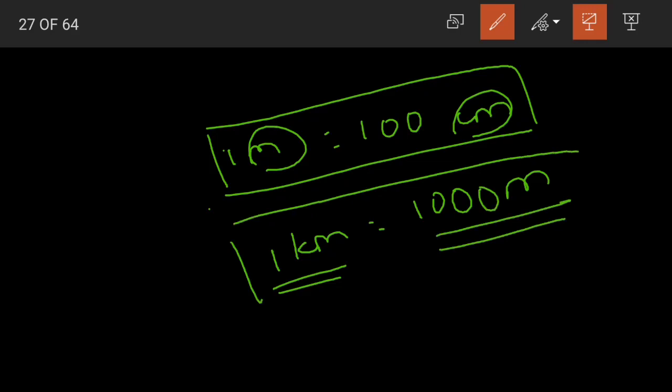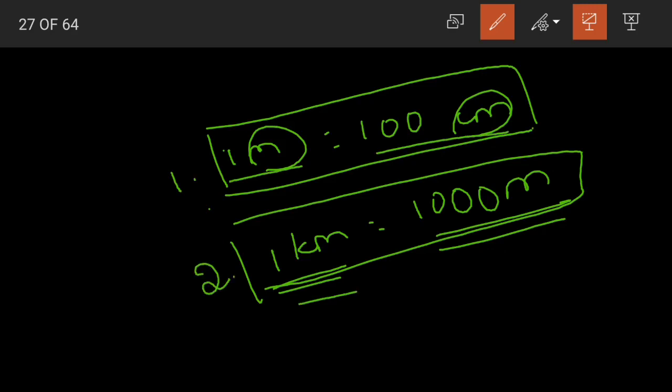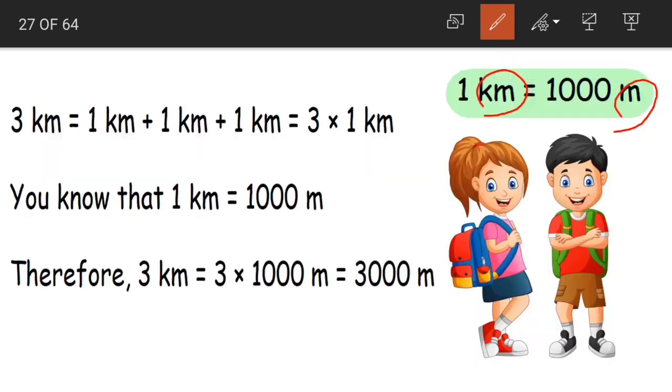Understood? You have to remember these 2 points. The first point is that 1 meter is equal to 100 centimeters, and the second point is that 1 kilometer is equal to 1000 meters. Now here we have 3 into 1 kilometer. We know that 1 kilometer is equal to 1000 meters.